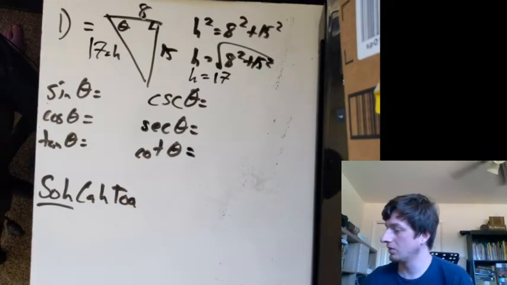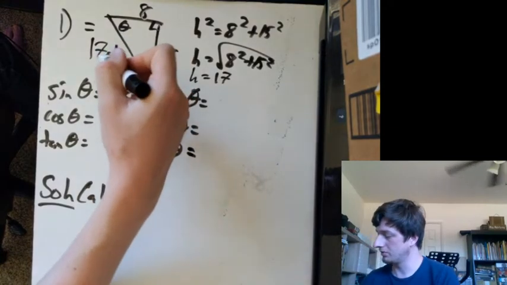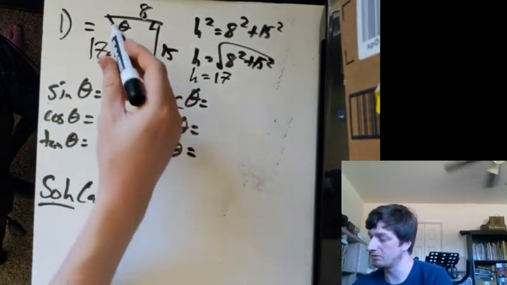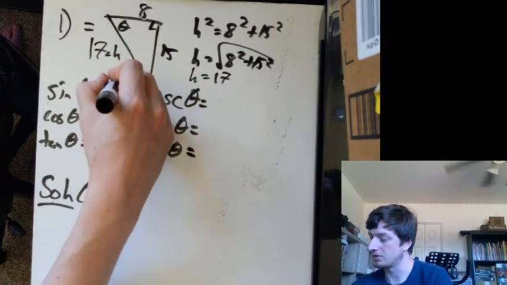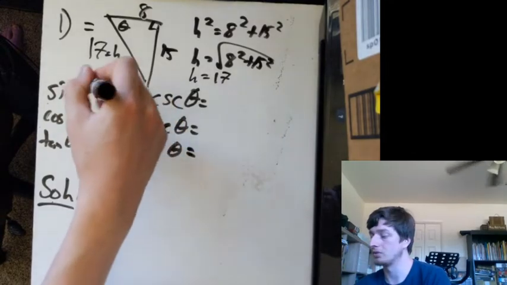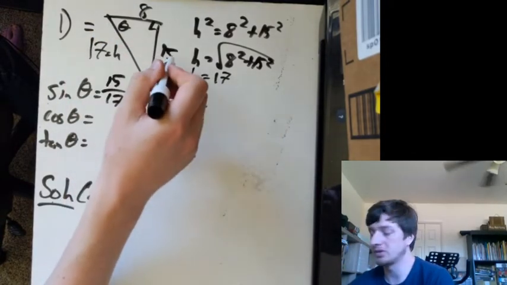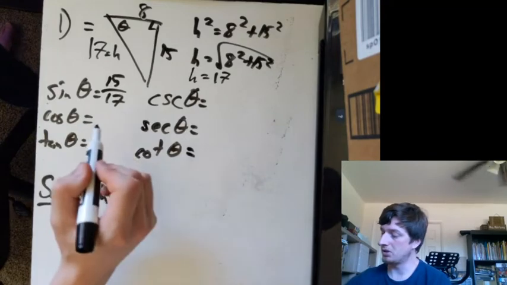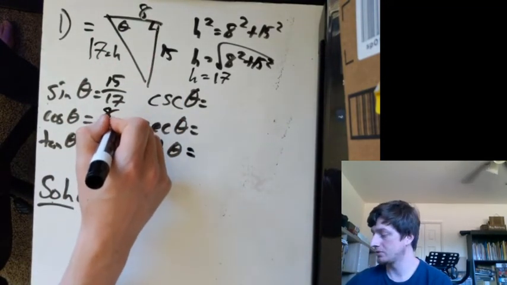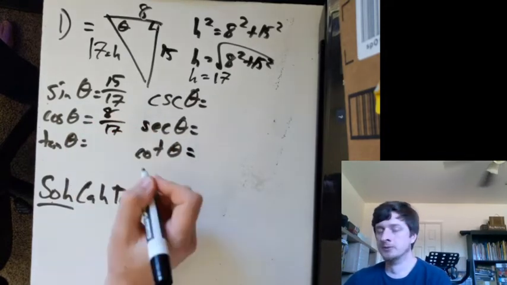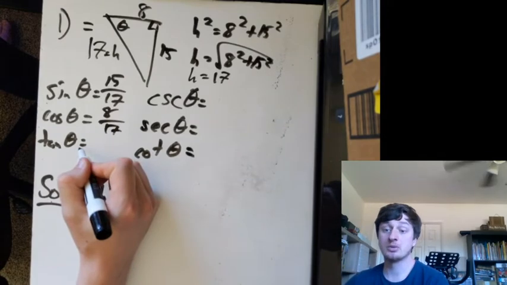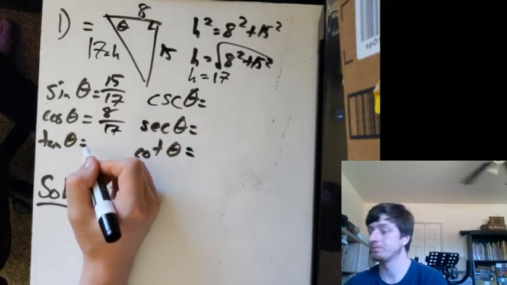Then we will use 17 for the hypotenuse. So sine of theta is opposite over hypotenuse, 15 over 17. This is always going to be smaller than 1, because the hypotenuse should always be bigger. Same for cosine: adjacent over hypotenuse, 8 over 17. Tangent is opposite over adjacent, 15 over 8, and it could be bigger or smaller than 1. It just depends.